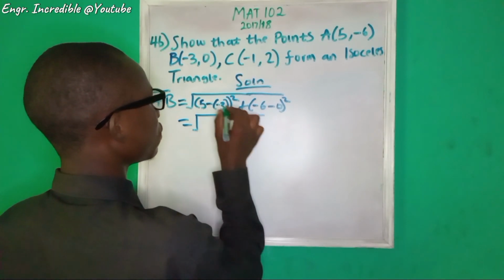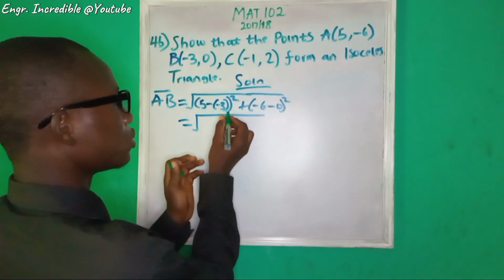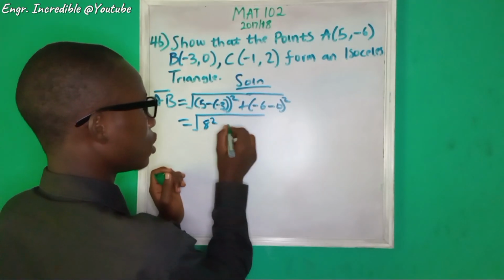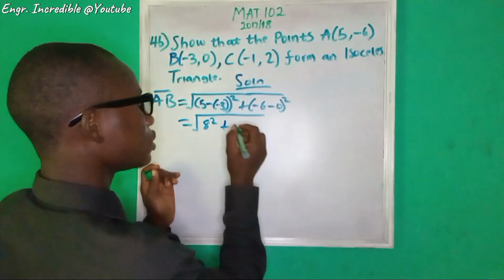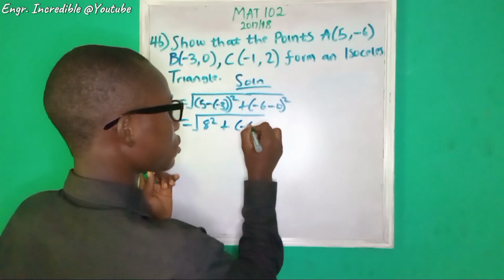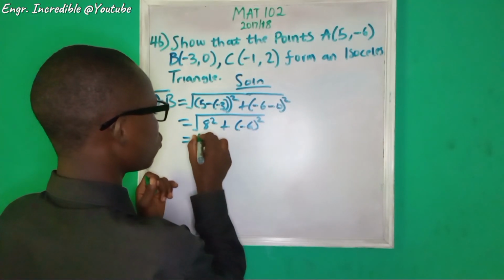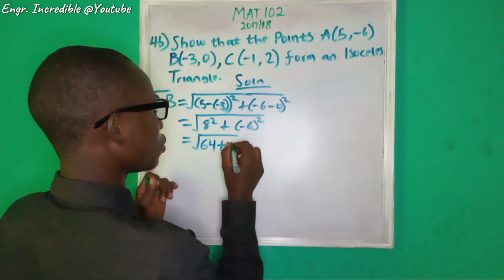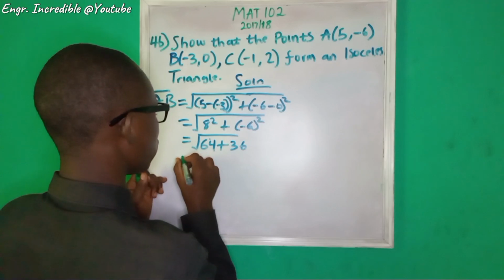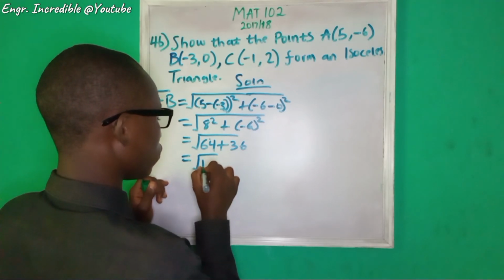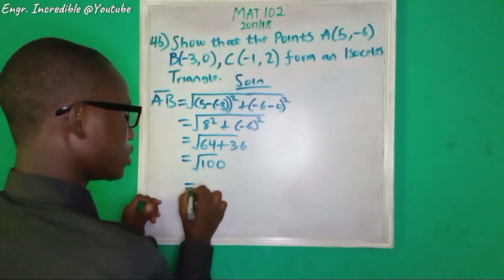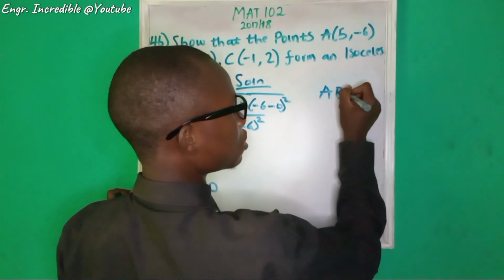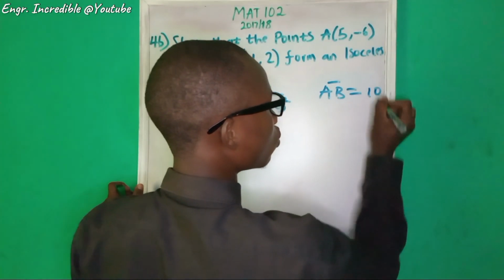We have 5 minus minus 3, so it will become 5 plus 3, that is 8 squared, plus minus 6 minus 0, that is still minus 6 squared. So we are going to have the square root of 64 plus 36, which is equal to the square root of 100, and the square root of 100 is equal to 10. Therefore, our line AB is equal to 10.